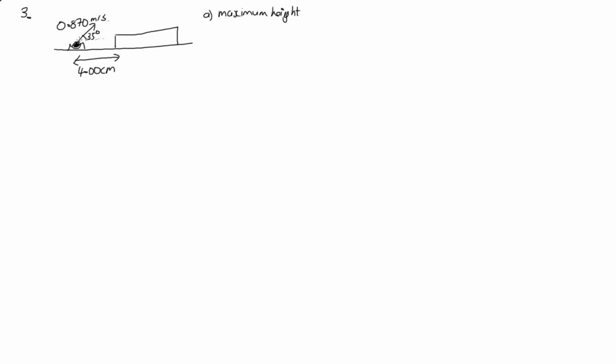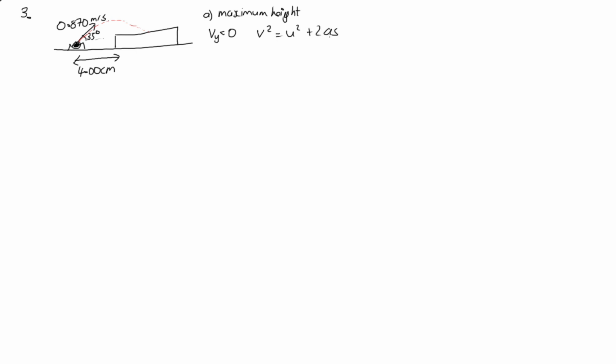So what happens is the spider leaps up and follows a parabolic path, and eventually we're going to be working out if it manages to make it onto the magazines here or not. So to get the maximum height, we're going to need to consider what's going on in the vertical direction, because we know that at maximum height, the velocity in the y direction is equal to 0. So we can use our kinematic equation, v squared equals u squared plus 2as.